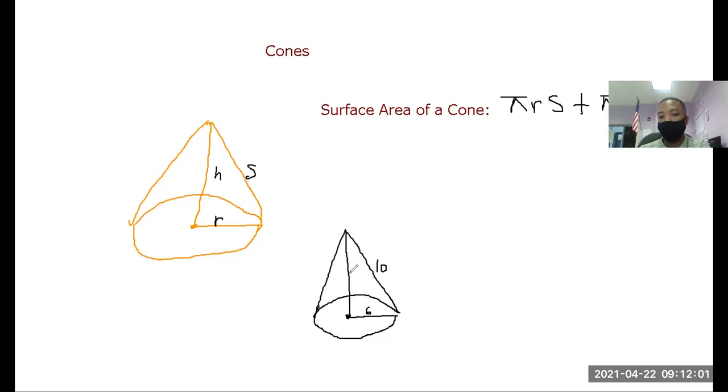So I'm going to say this right here is, actually, let's leave the extra. This right here is 3, 4, 5. Those are the 3 different sides, 3, 4, 5. And the question is, find the surface area for this cone.